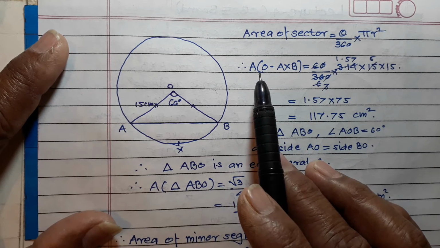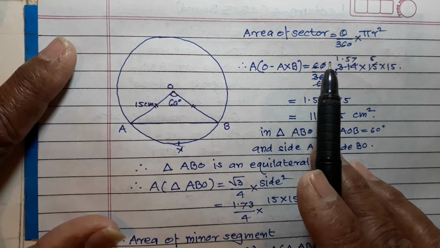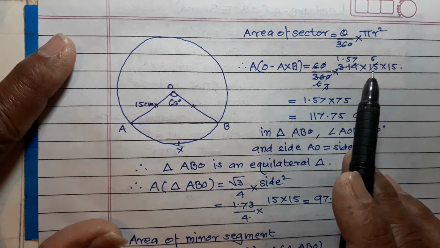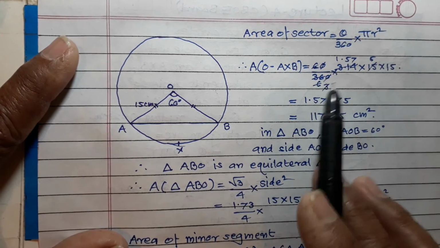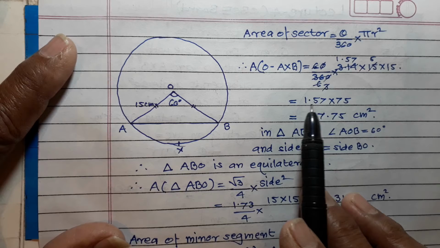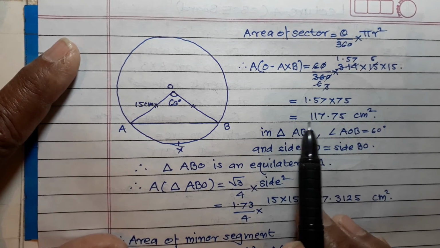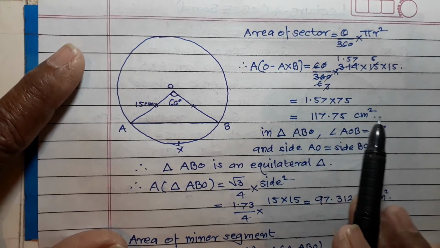So area of sector O-AXB is equal to 60 upon 360 into 3.14 into 15 into 15. If you simplify this, you will get 1.57 into 75. Multiply this, and this is equal to 117.75 cm square.